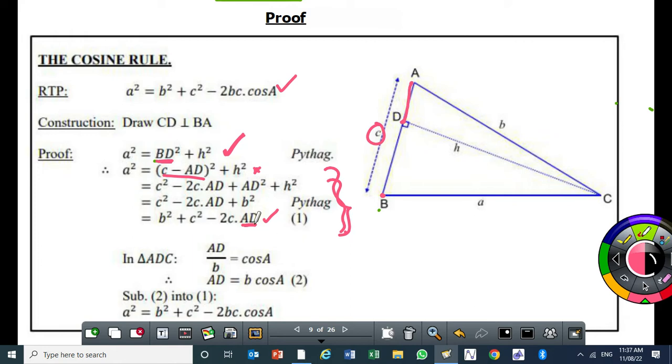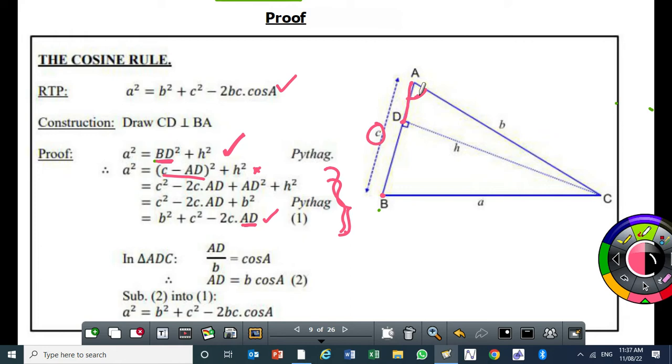So we need to eliminate this AD. To eliminate it, we need to come up with a formula from triangle ACD, which connects AD and angle A. And that formula involves trigonometric ratios from grade 10.